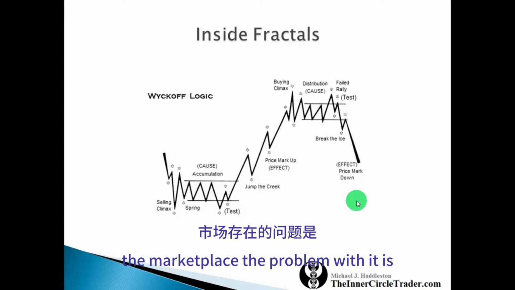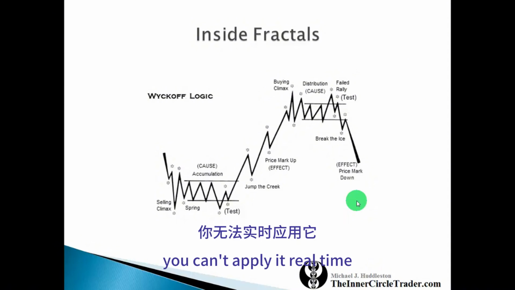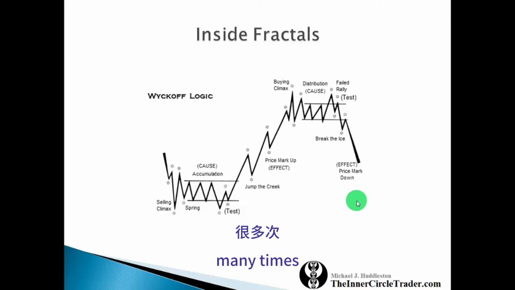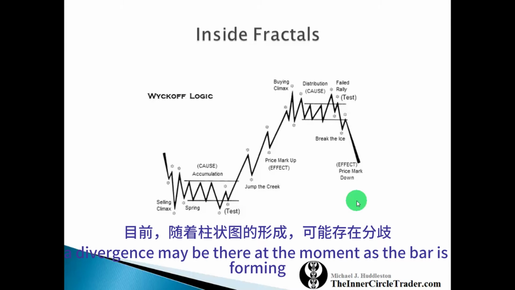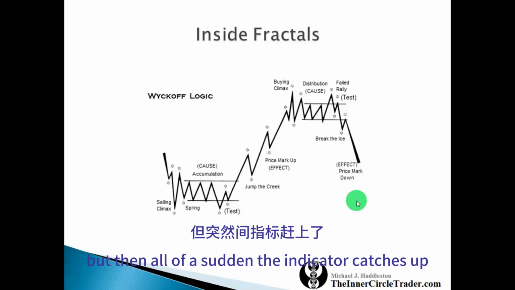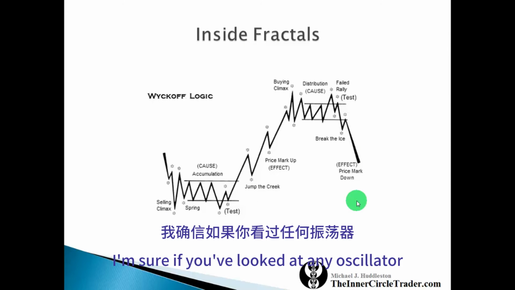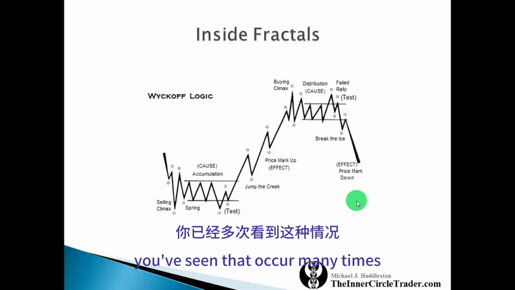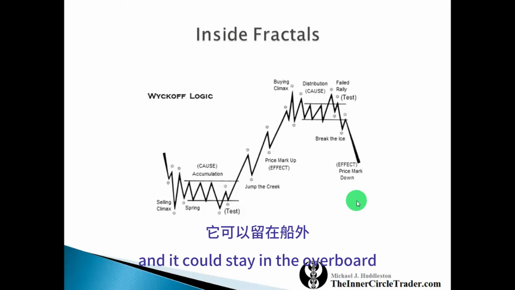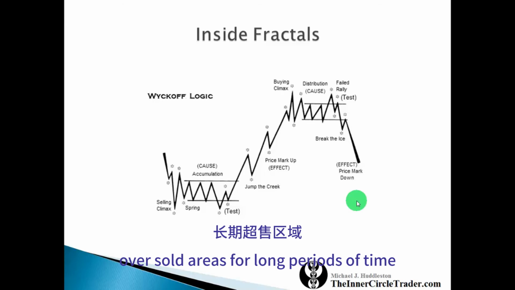The problem with it is you can't apply it real time. Many times a divergence may be there at the moment as the bar is forming, but then all of a sudden the indicator catches up and the divergence just fades away. I'm sure if you've looked at any oscillator, you've seen that occur many times, and it could stay in the overbought or oversold areas for long periods of time.